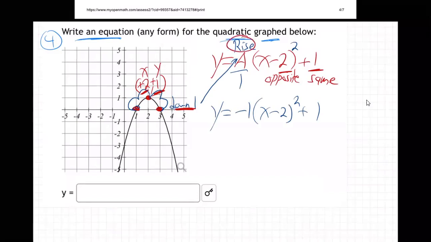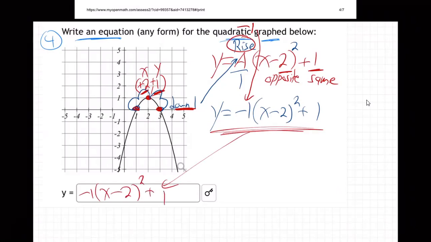So the rise is -1 over 1, which is just -1. So there it is. That's the equation. Put that in the box: -1 times (x minus 2) squared plus 1. Boom. Done that quick. We are done. Is that making good sense? Are we good there?